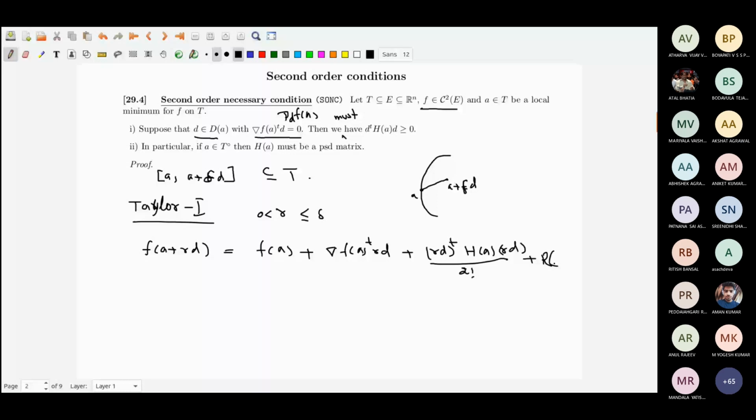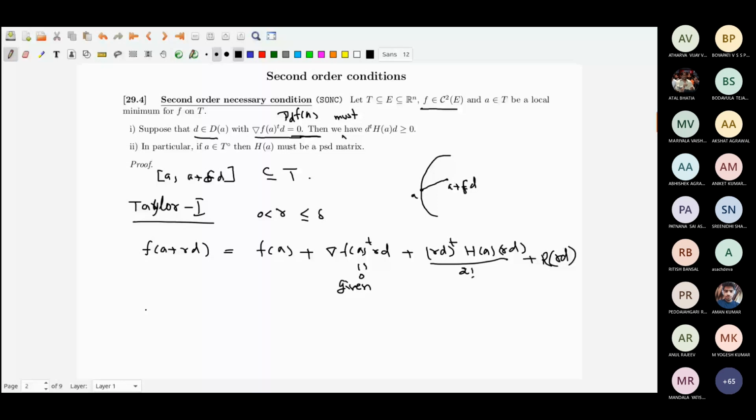So here what is given to me, this particular term, grad f(A) transpose RD, is equal to 0. This is given to me by hypothesis. And it is also given to me that A is a point of minimum. So that means f(A + RD) minus f(A) is greater than or equal to 0.